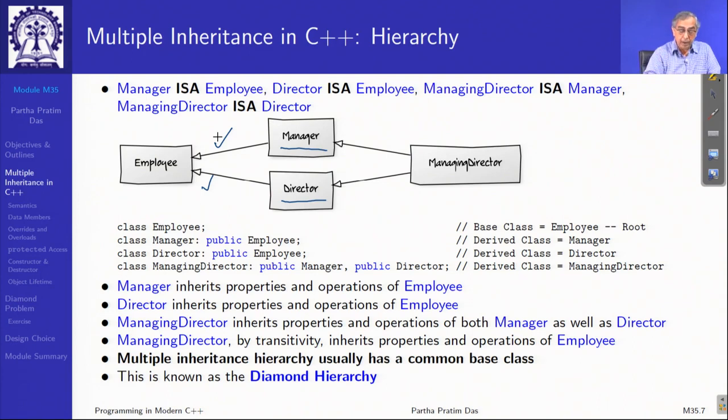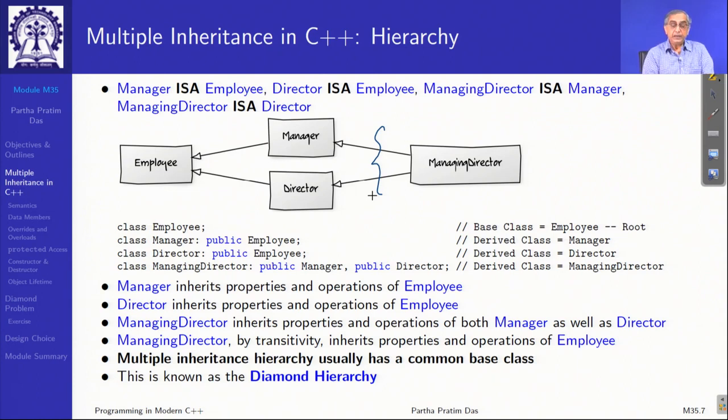Now, one or more specific persons could be managing director. So, he or she is a manager, in the role that he or she disburses, and at the same time a director, sitting on the board of the company deciding on strategic matters and so on. So, here we see two different things coming out. One is that at this point we have a multiple inheritance.